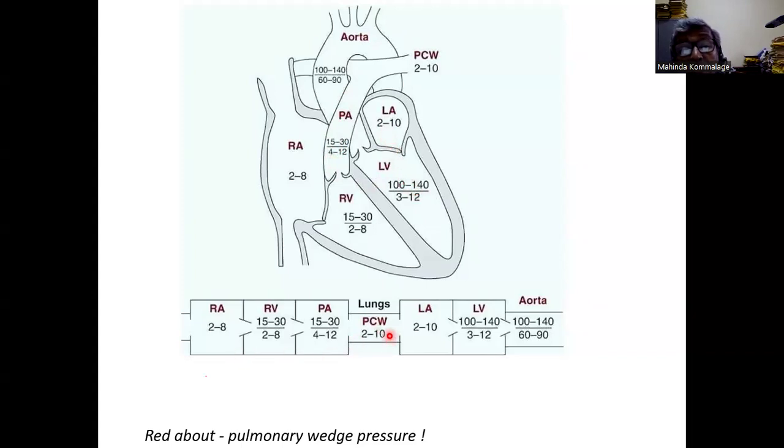So if we consider the pulmonary artery, this is the pressure roughly. Systolic pressure is on average 20, diastolic pressure is on average 5, 6. In the pulmonary capillary, the pressure is very low. Pulmonary capillary pressure is what we call hydrostatic pressure.